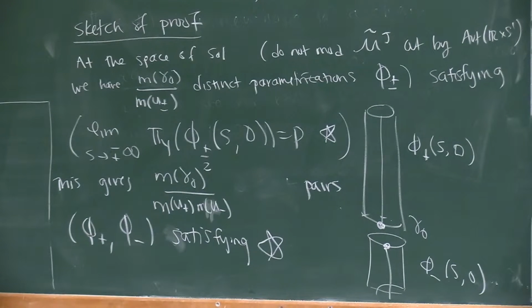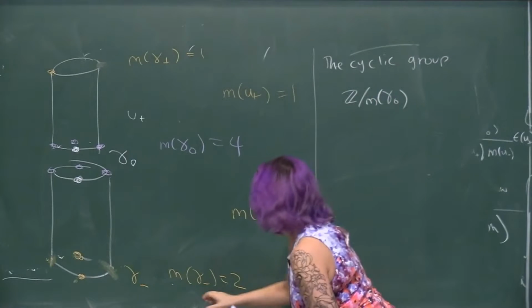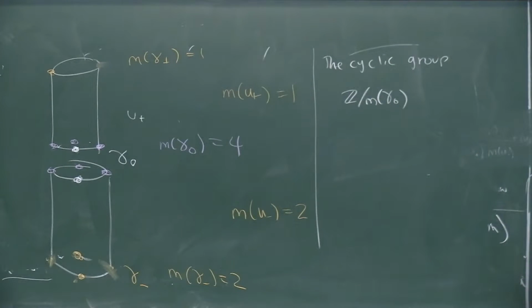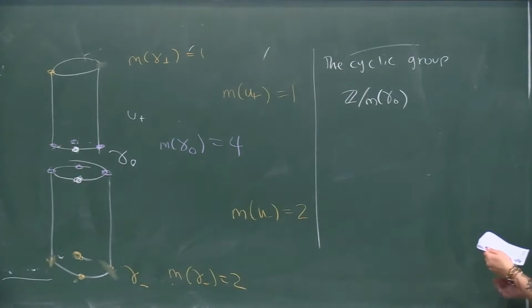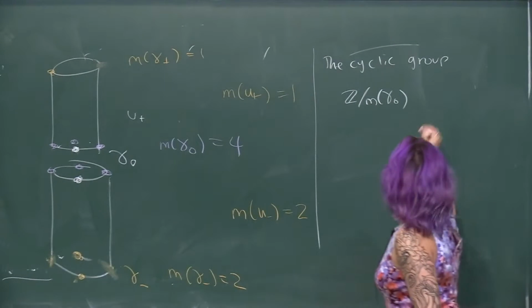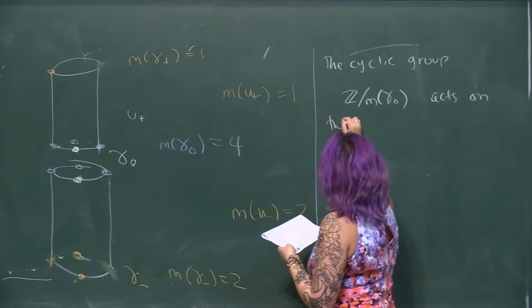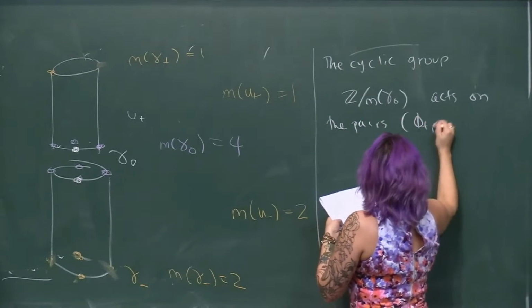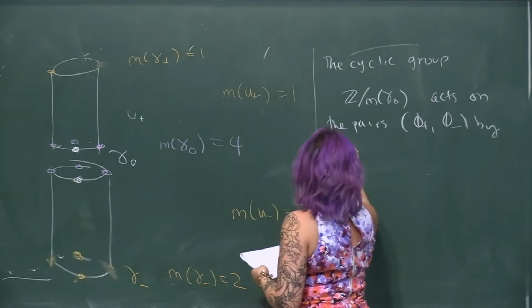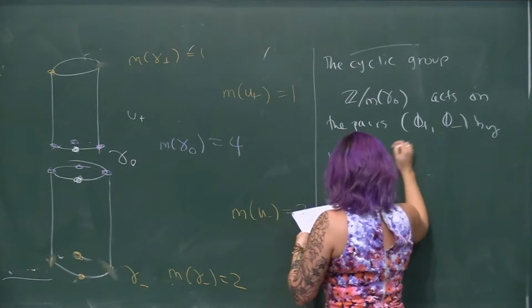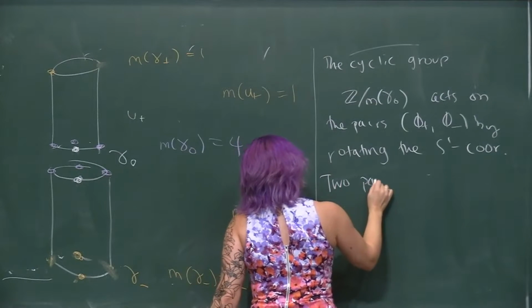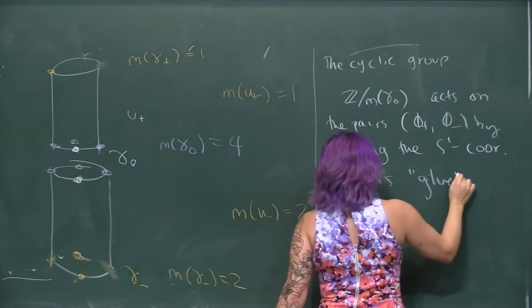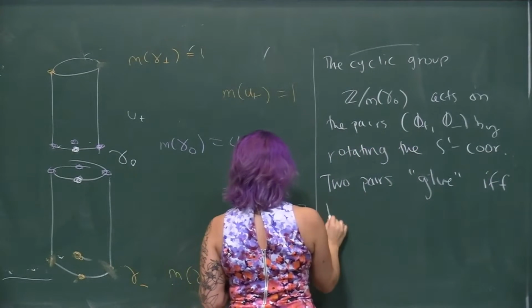So the cyclic group Z mod m of gamma naught acts on the pairs phi plus phi minus by rotating the S1 coordinate, and two pairs glue if and only if they lie in the same orbit.